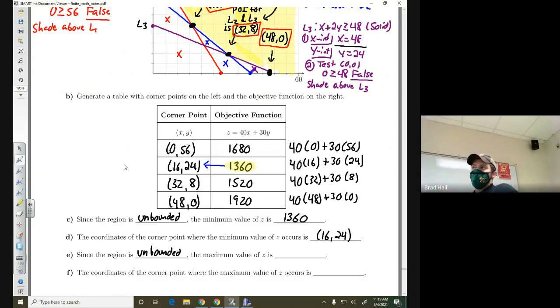Now, as far as maximum goes, and I stated this in the last class, if the region is unbounded, the maximum does not exist. This is undefined. We could find a maximum. I mean, the largest value is 1,920, but the context is that we have an unbounded region.